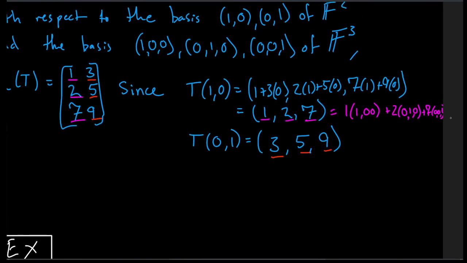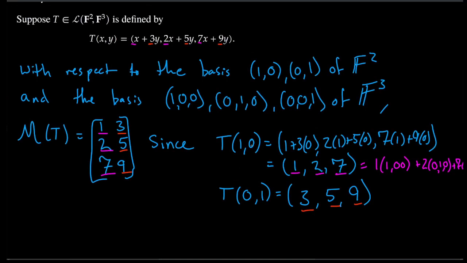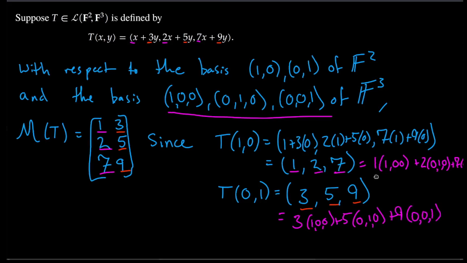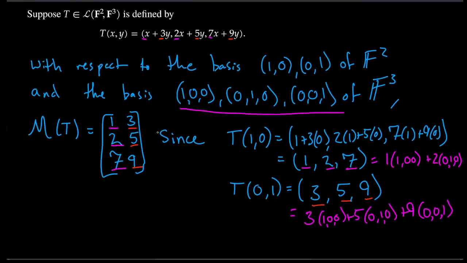So these are the coefficients that let you write the image of this basis vector in terms of this basis of F3. Same thing over here: this is 3 times (1, 0, 0), plus 5 times (0, 1, 0), plus 9 times (0, 0, 1). Oh, cool. So basically, this column just corresponds to the coefficients, like we said.